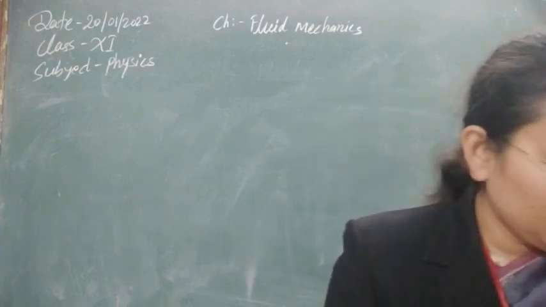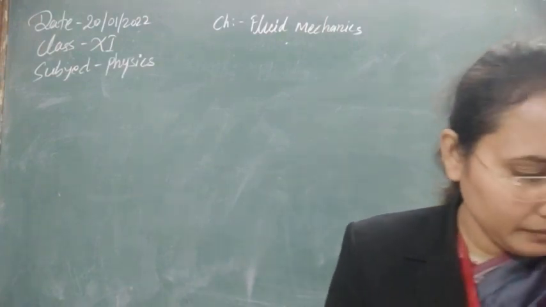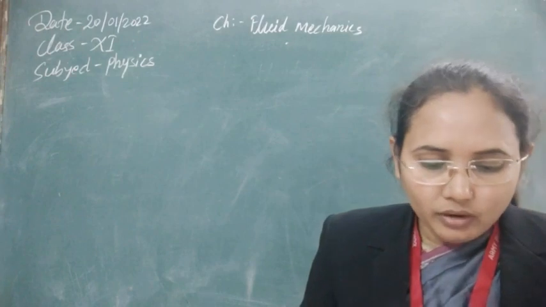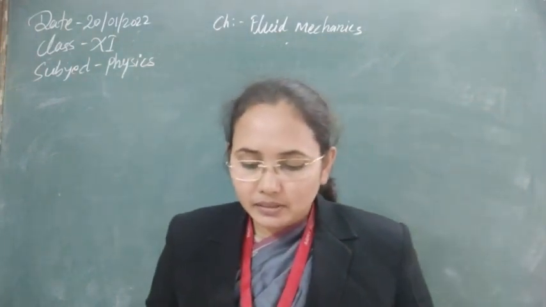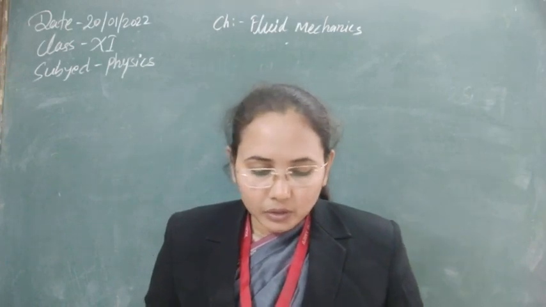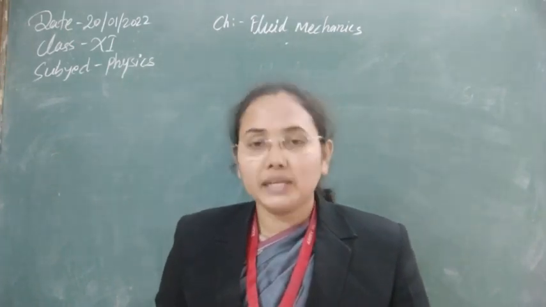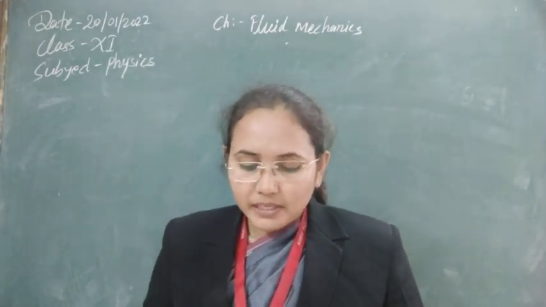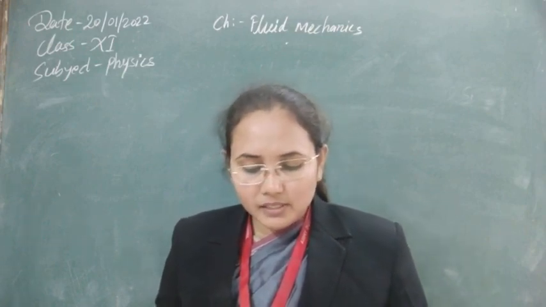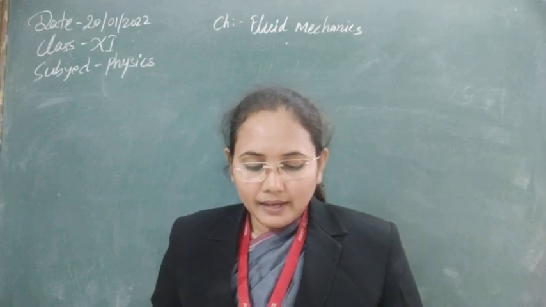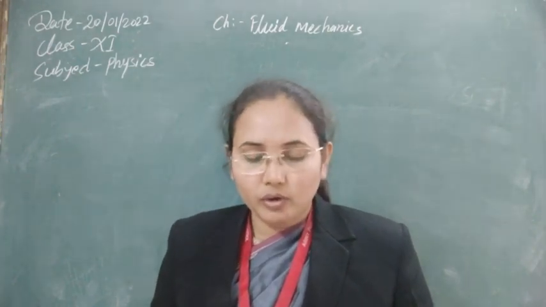Now the next question. We have the lower end of a capillary tube of diameter 2 mm dipped 8 cm below the surface of water in a beaker. What is the pressure required in the tube in order to blow a hemispherical bubble at its end in water?